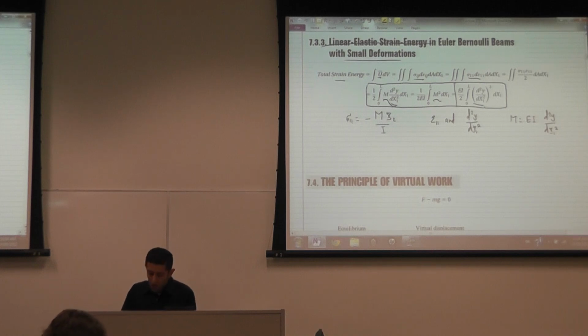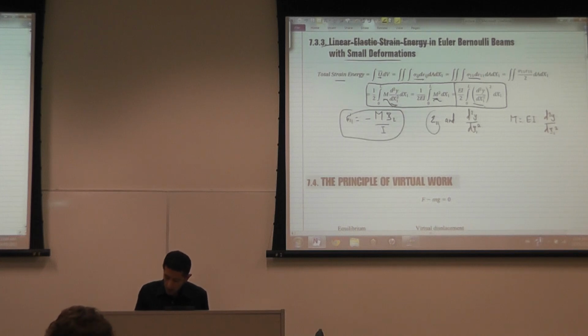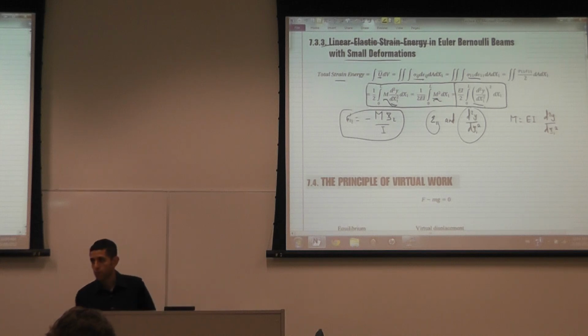In the beams, we replace the stresses and the strains with moments and d2y by dx1 squared. They're the same thing, but just integrated. Because the moment and the stress are related, and the strain. I don't remember the exact equation. They're just functions of each other. Okay?